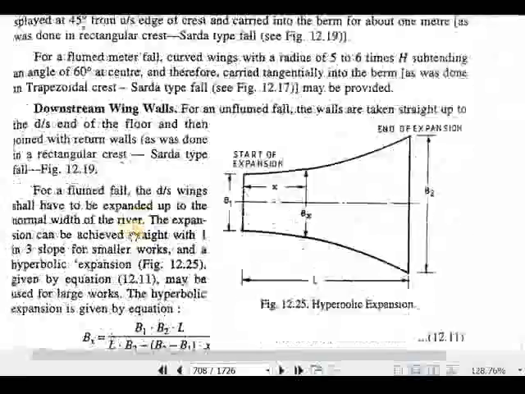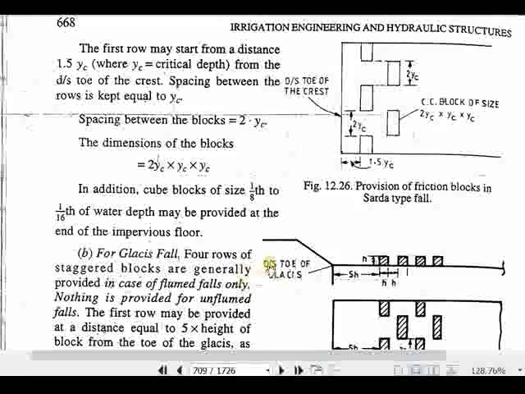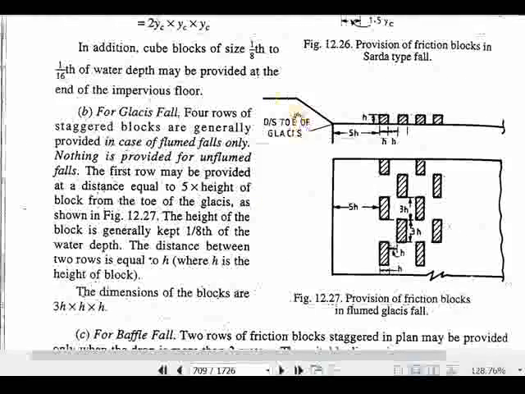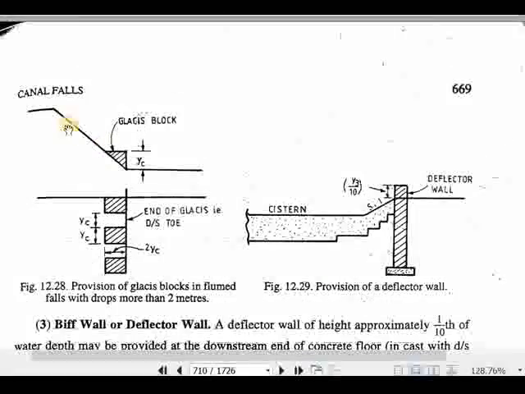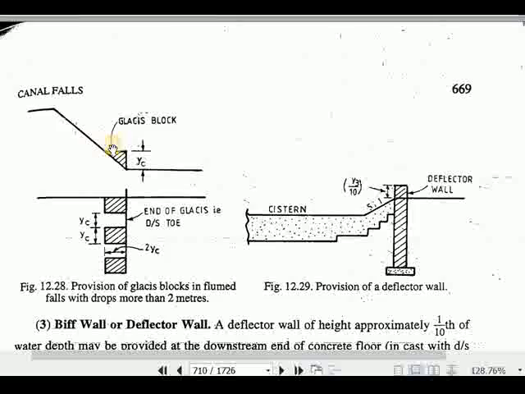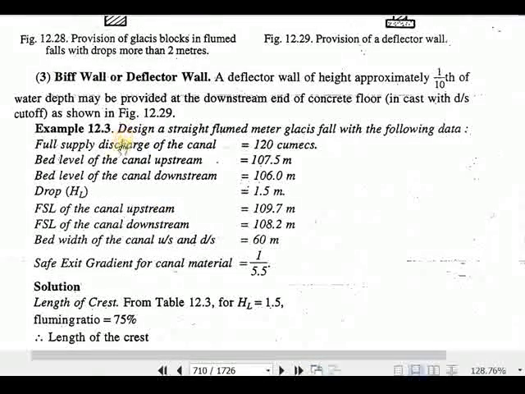So next are basically the roughening devices which we discussed. Friction blocks, chute blocks, like if flow is in this direction we have these friction blocks, and like this we have glacis block, on this glacis we have this block. So example 12.3, that is for glacis type fall, sloping glacis.